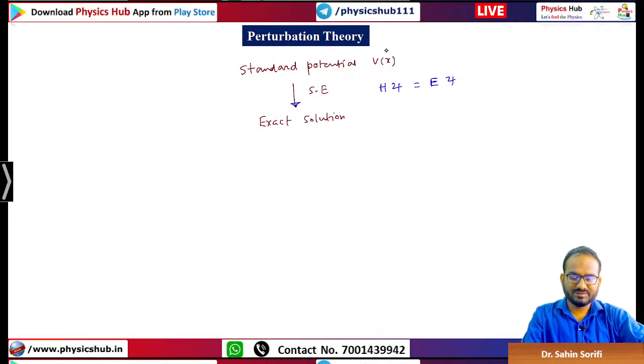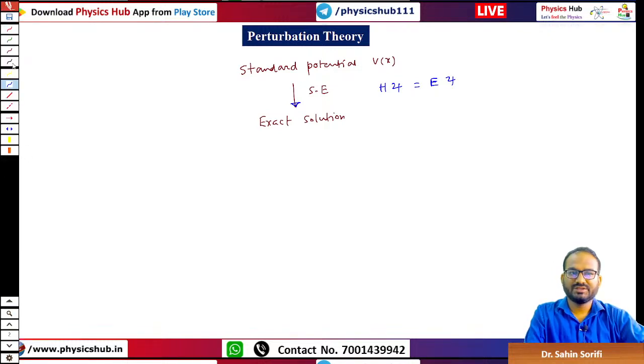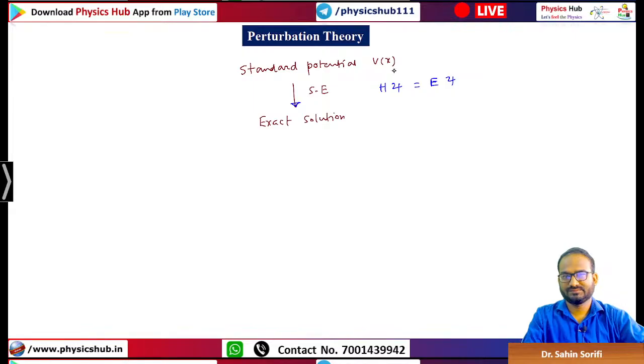Now in perturbation theory, what is different? In perturbation theory, the potentials are not exact or standard potentials. It is slightly varying. Let's say we have the harmonic oscillator potential. For that potential, we know the exact solution, right? Now if some additive term or some other term is added to the potential, then the Hamiltonian will change and we may not get the exact solution.